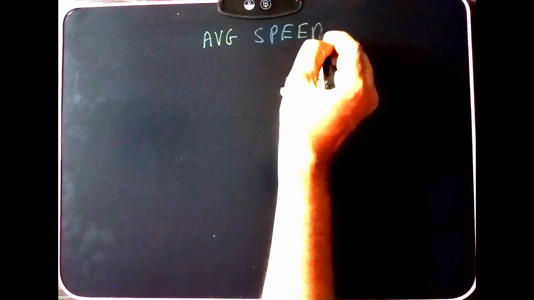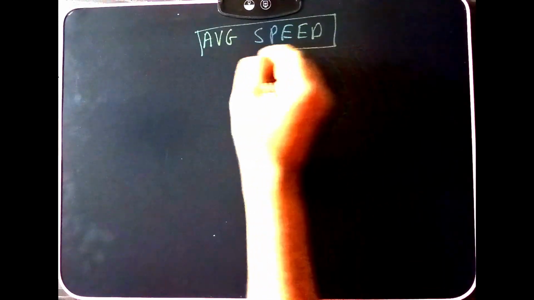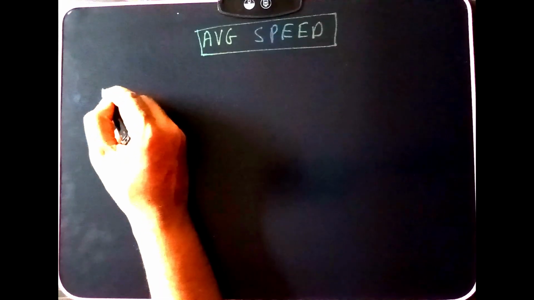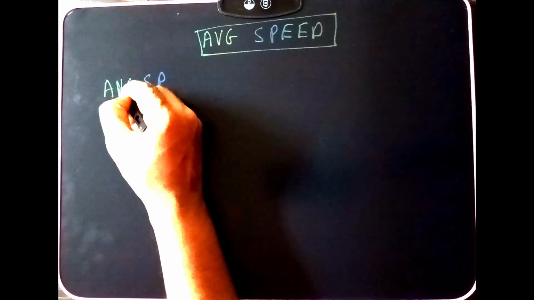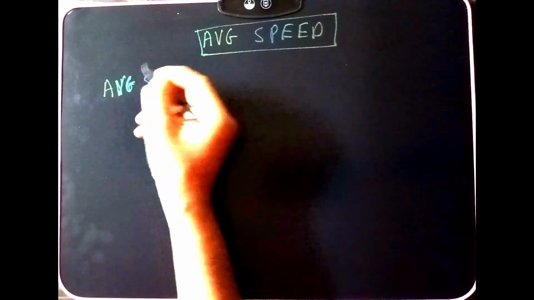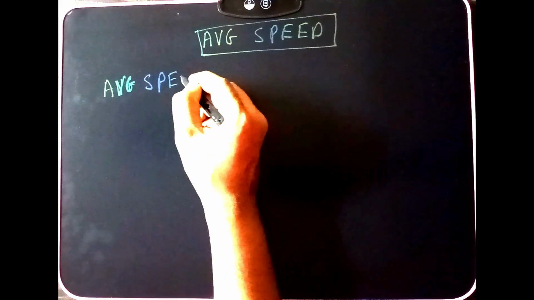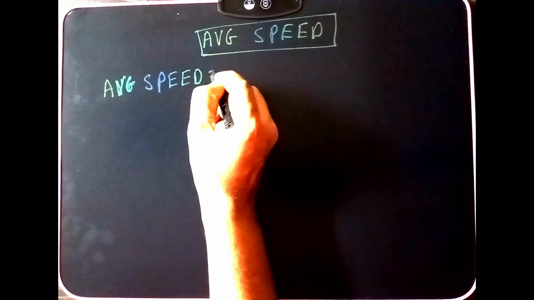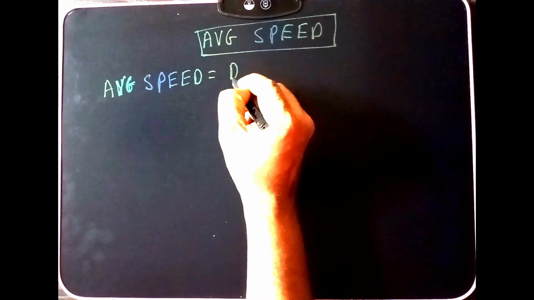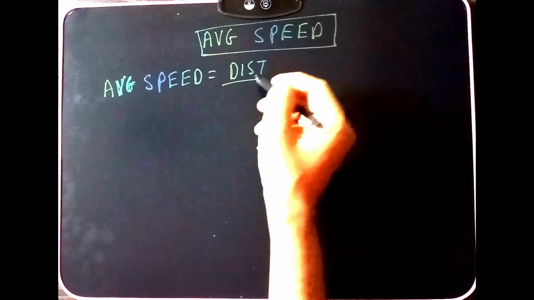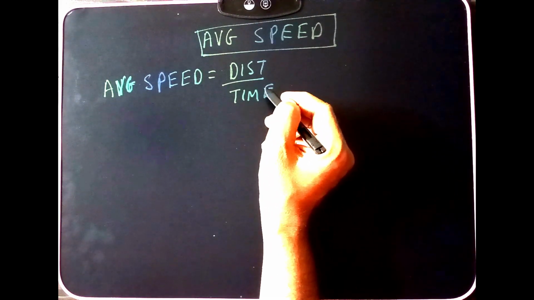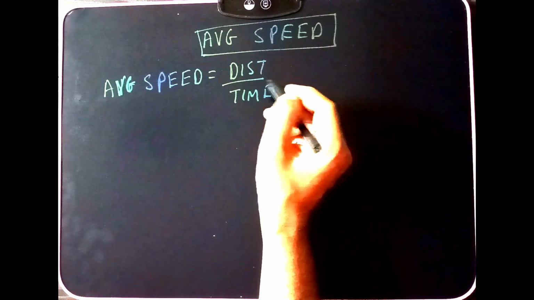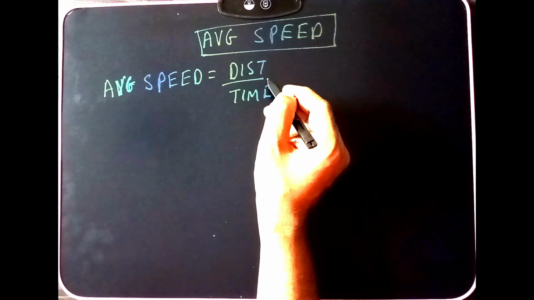By definition, from kinematics, we know that average speed, this is not August, this is average speed. Looks like August. Average speed is equal to distance by time. Average speed is distance by time.